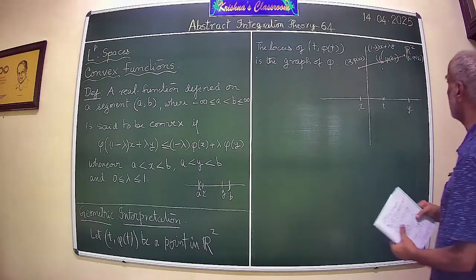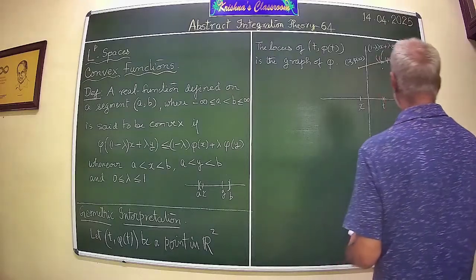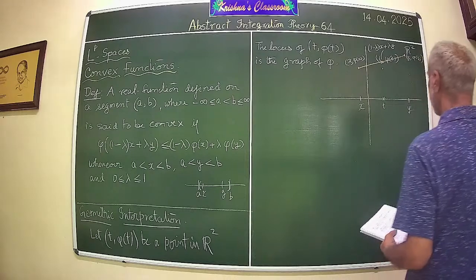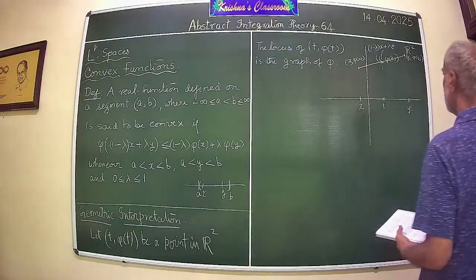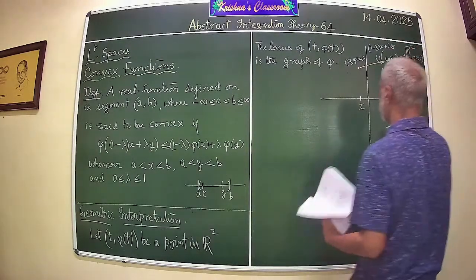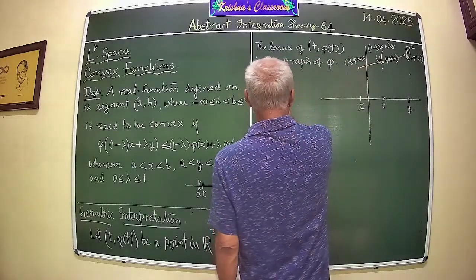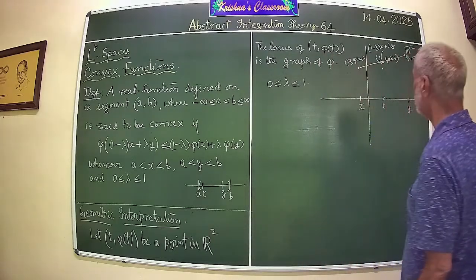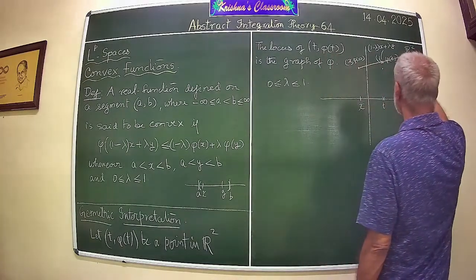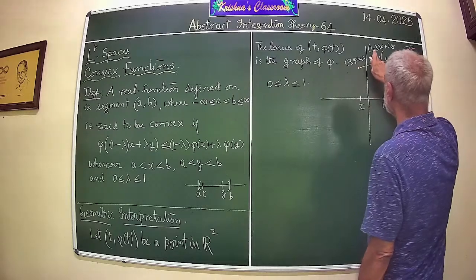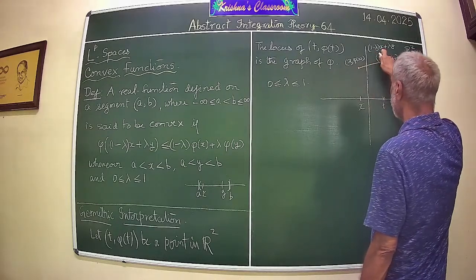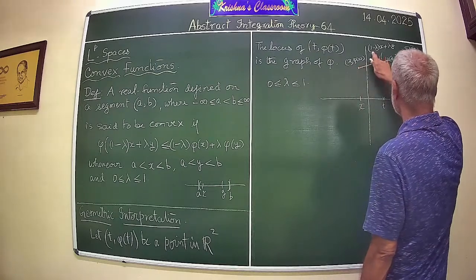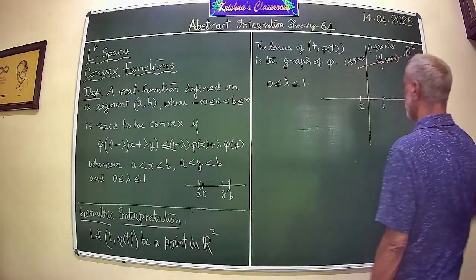Or you can write it as 1 minus t x plus ty. So by changing lambda, when lambda is equal to 1, you get the point y. When lambda is equal to 0, you get the point x. So all intermediate points on this line are given by 1 minus lambda x plus lambda y.